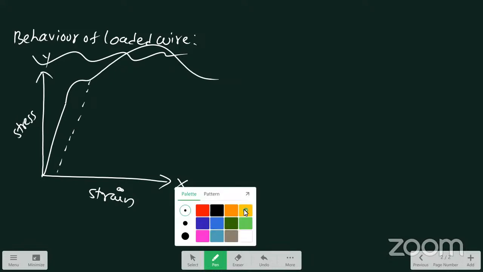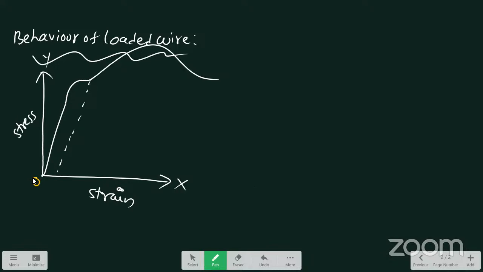Now points O, A, B, C, O dash, D, E. A graph drawn in between stress and strain. Total 6 sidings. For the graph, you can get 1 mark.